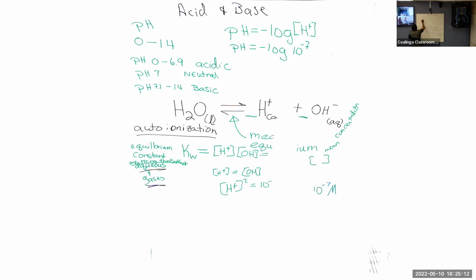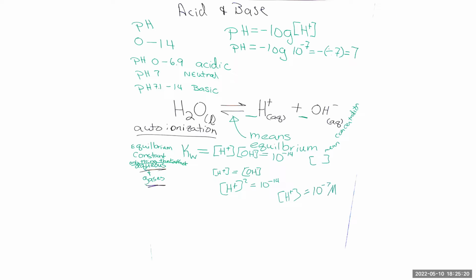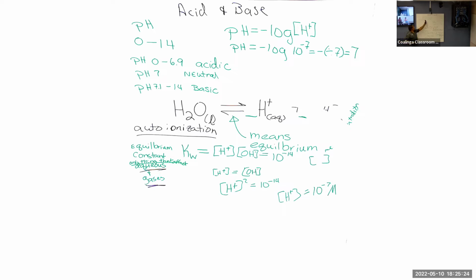So that's just going to equal minus minus 7, which is just going to equal 7. Yes, that's log, and that's base 10. So this is log base 10, which means it's based upon factors of 10.